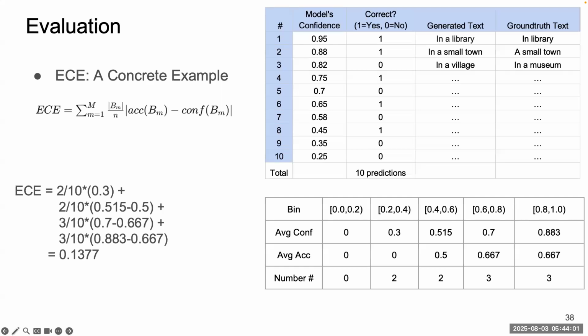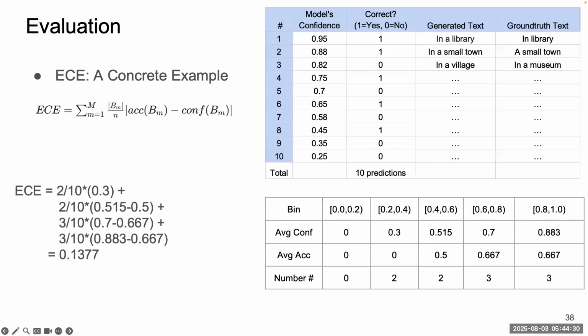Then I count how many samples fall into each bin and get their average confidence. For example, in the bin 0.2 to 0.4, I have 3 data samples here, right? And the average confidence of these 3 values is 0.3.